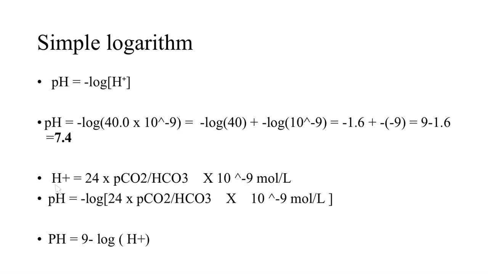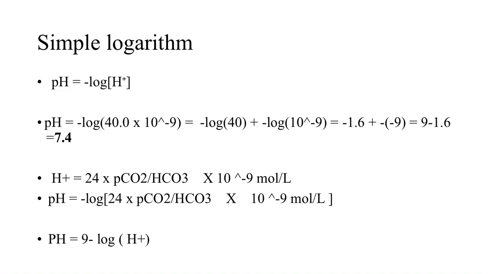Again, how do we make this process of calculating faster? H plus is 24 times PCO2 by bicarb times 10 to the power of minus 9 moles per liter. So if we do the calculation of pH using this formula, you're always going to have the 10 to the power of minus 9.